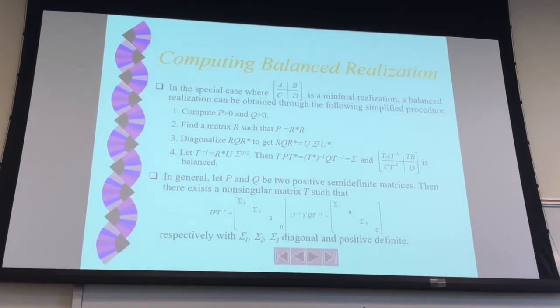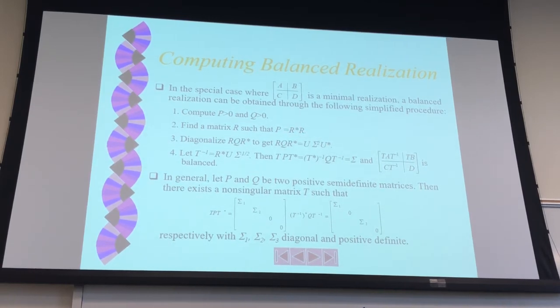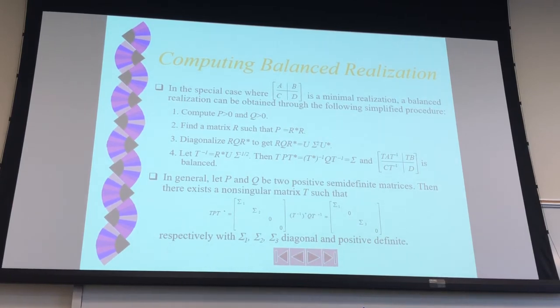But because P and Q can always be written as R transpose R, that is positive semi-definite for sure. Positive definite actually, not semi-definite. So in other words, you will be able to partition the P in sigma 1, sigma 2, sigma 3. So this is diagonal and positive definite in this form, okay?